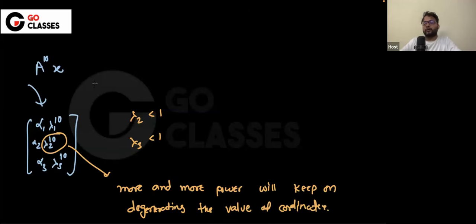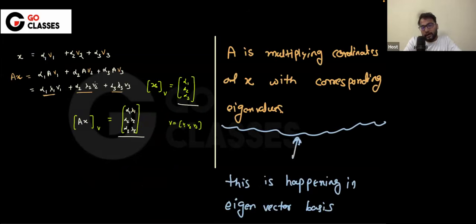Right. So basically this is happening. What is happening when you are multiplying a matrix with a vector? It is sometimes easy to talk in terms of different bases. If you talk in terms of the eigenbasis, then you can quickly tell that a matrix is doing nothing but multiplying the eigenvalues to the corresponding coordinates. That's all, right?